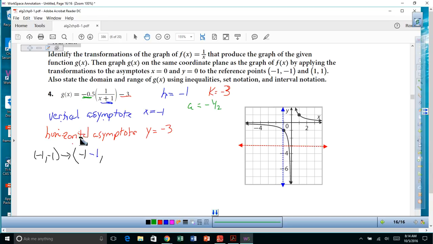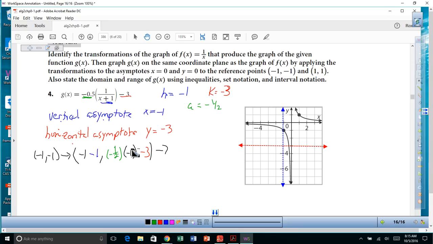So we'll put -1/2 right here, and then we're going to multiply that by our -1, and then we're going to subtract 3 from it, -3.